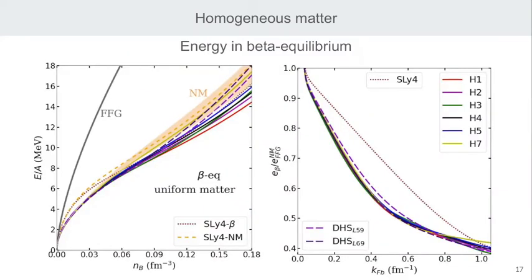So here I show the energy in beta equilibrium. That is what we are going to need for the neutron star. I show the energy with respect to the baryon density, normalized by the free Fermi gas with respect to the Fermi momentum. I show here in this pink band the neutron matter predictions, just to show how close beta equilibrium is to neutron matter. Beta equilibrium, the matter inside a neutron star, is really neutron rich.